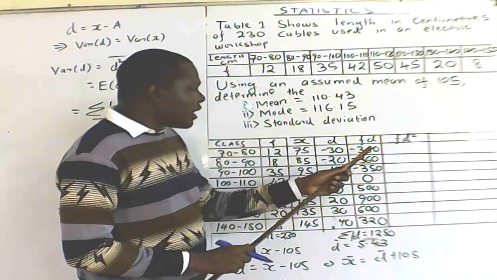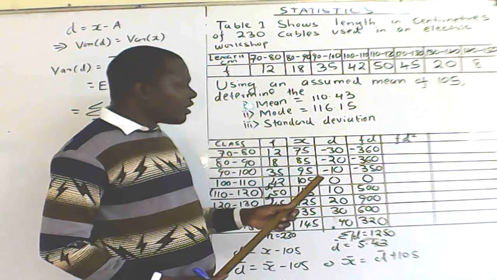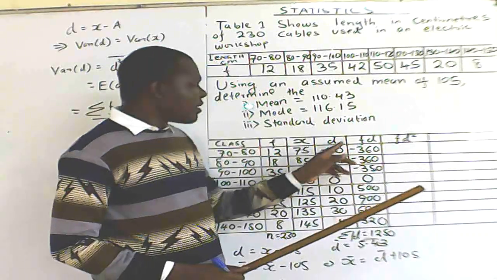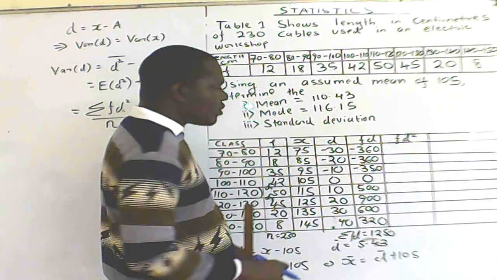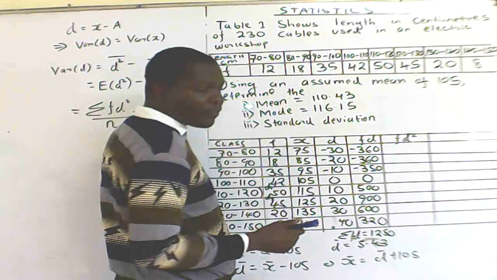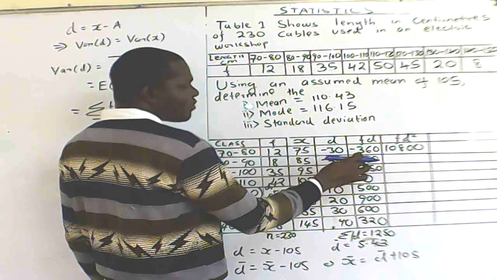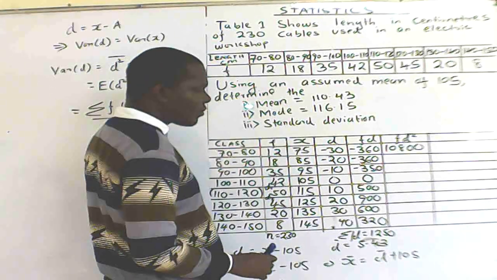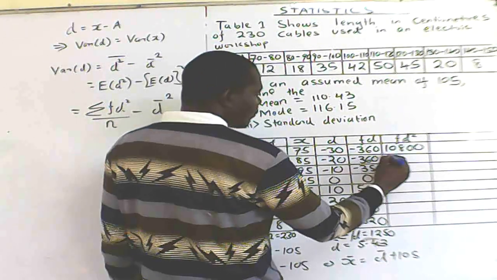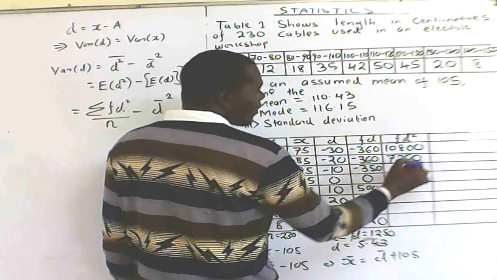So fd times d: negative 30 times negative 360. Negative times negative is positive, so you have 10,800. Then the next one, negative 20 times negative 360, 7,200.